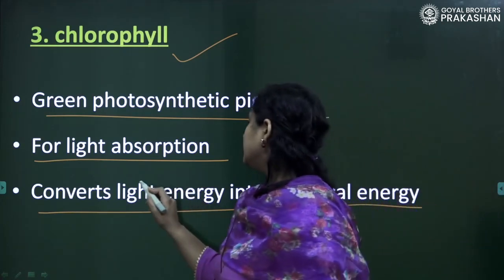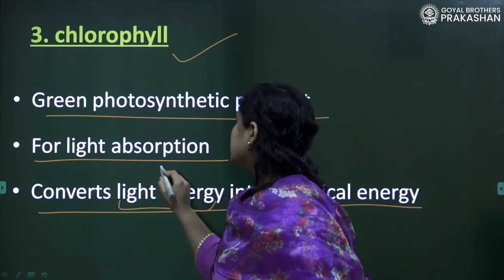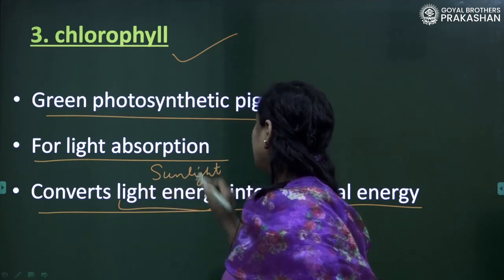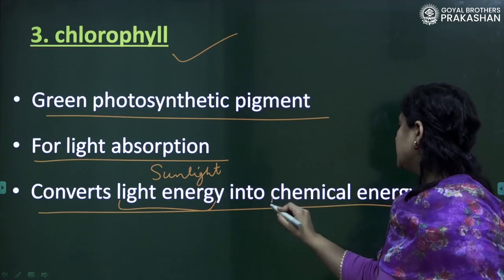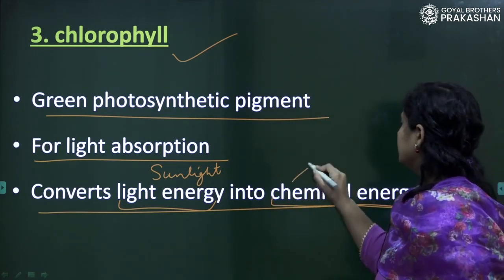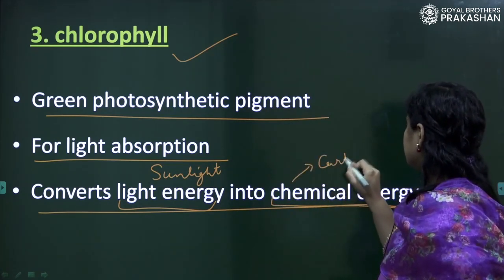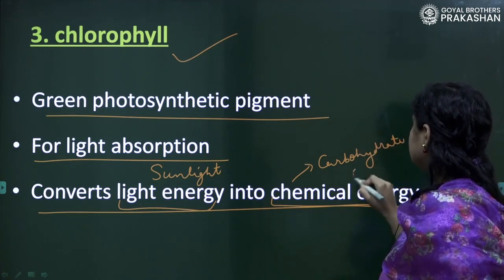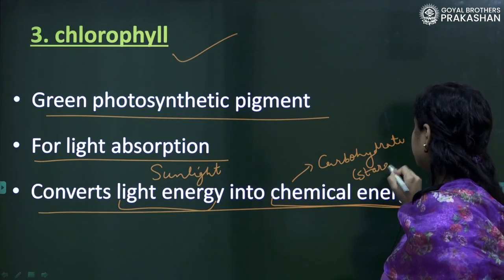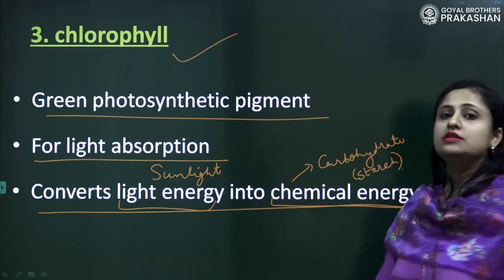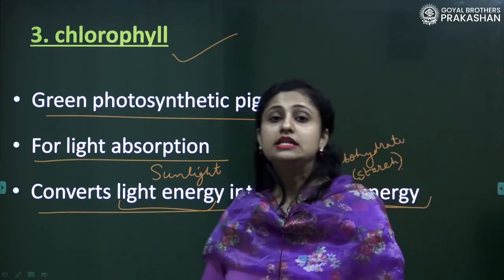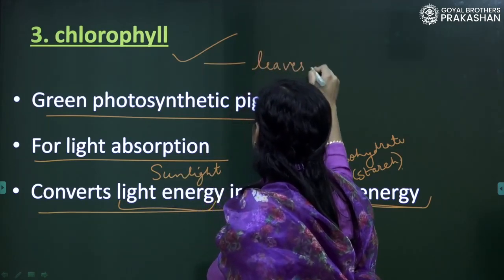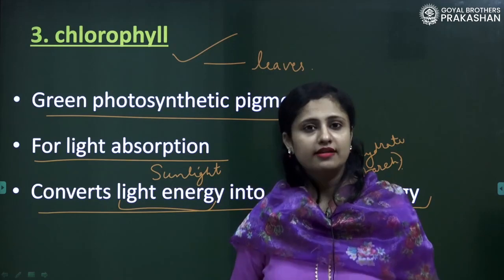Now, chlorophyll molecules convert light energy into chemical energy. Again, here light energy is the sunlight and chemical energy is the carbohydrate or starch. So, chlorophyll pigment is present in the leaves, and particularly where?